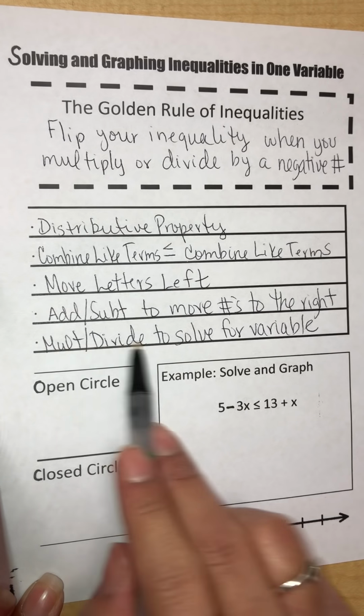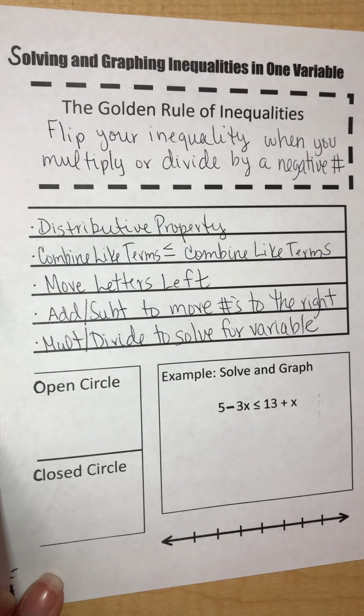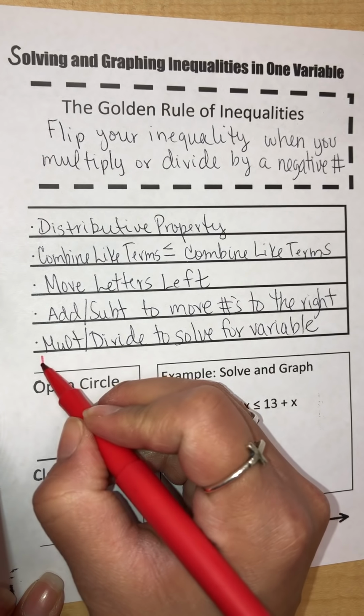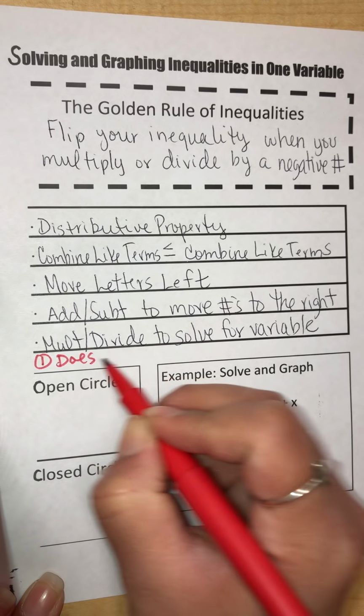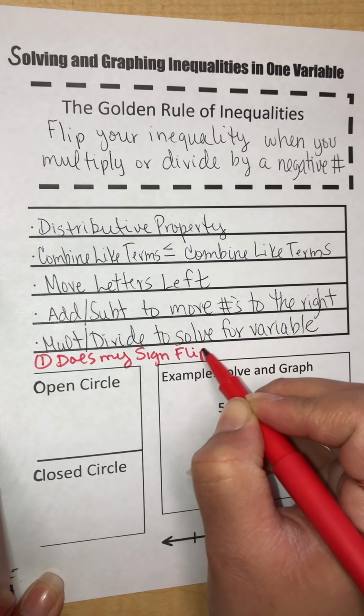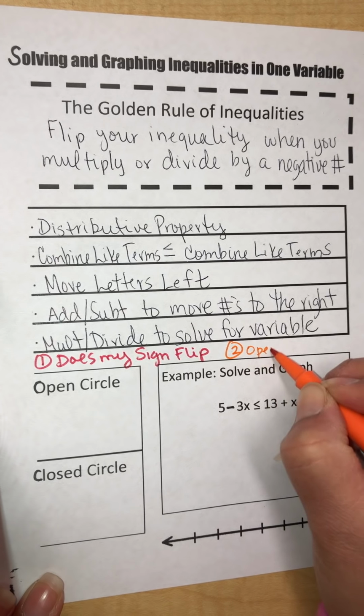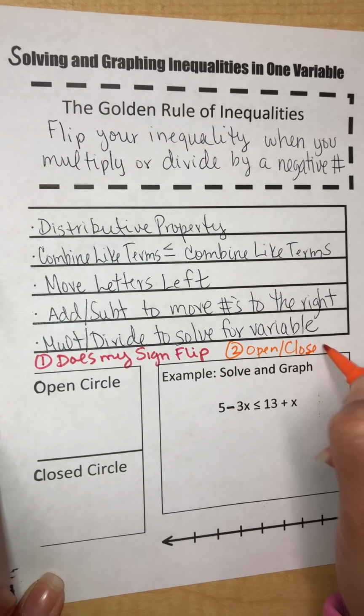On this last step, you're going to have to ask yourself, does my sign flip? There are two major questions you have to ask yourself. Number one, does my sign flip? And question number two, since we're graphing, am I going to use an open or closed circle?